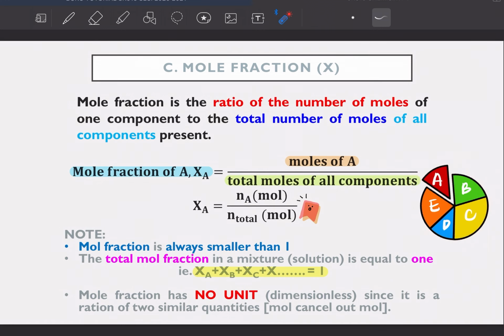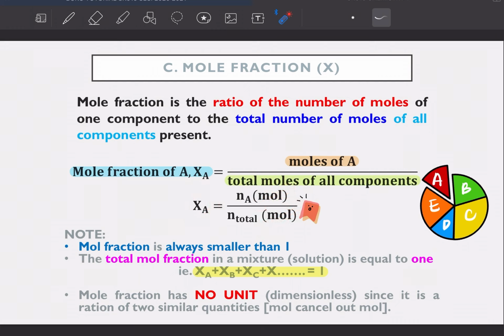Okay, so dia actually a fraction lah. So bila dia ratio kan, bila dia fraction of the same quantity, so it has the same unit. So your units will actually cancel out. Okay, so your mole fraction ni, it has no unit. It is dimensionless. Macam relative kan, dia tak ada unit.